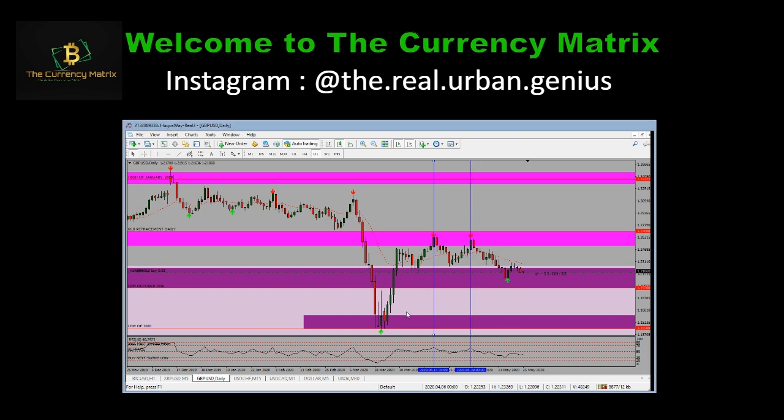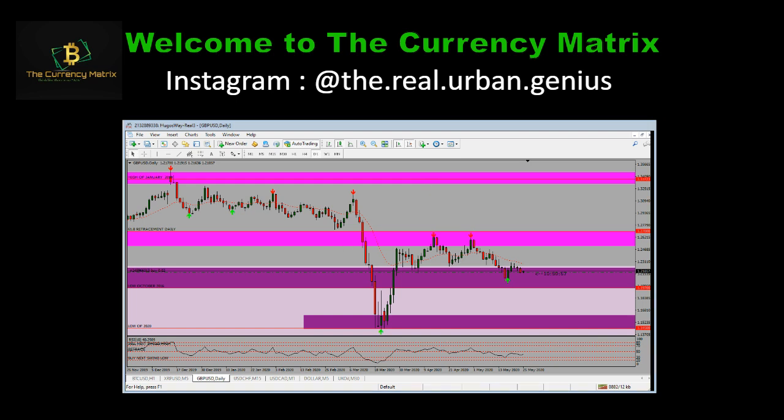So far, the areas that we are now looking at are both the high of April and the high of May. So right now, we are currently ranging with price in between the highs of April and May. So for the last 2 months, price has been ranging within the 1.218 range and the 1.27 here on the pound.